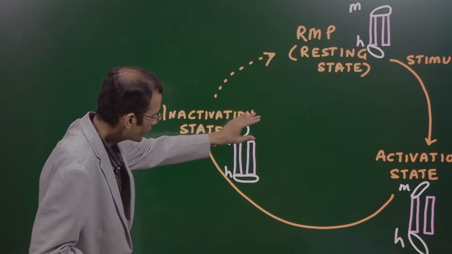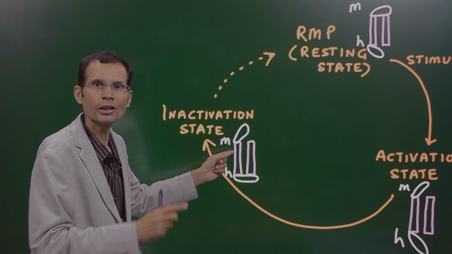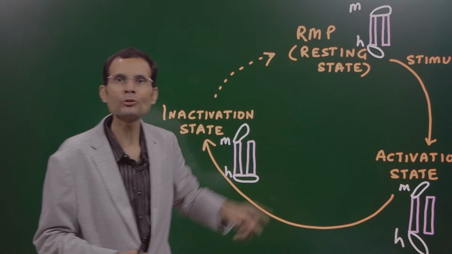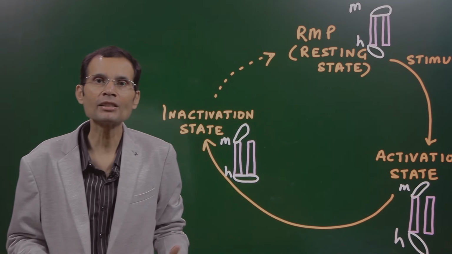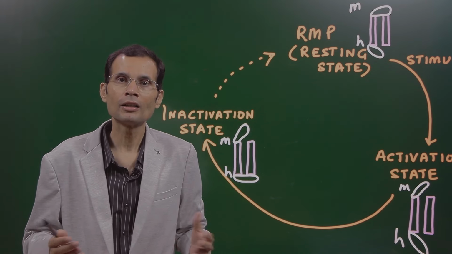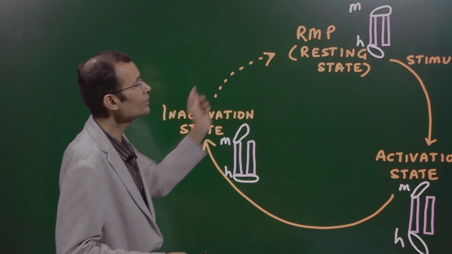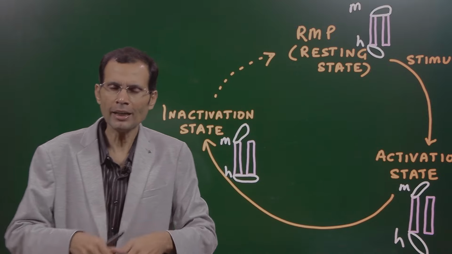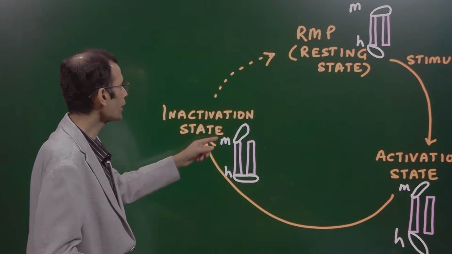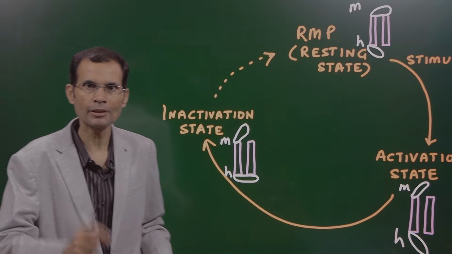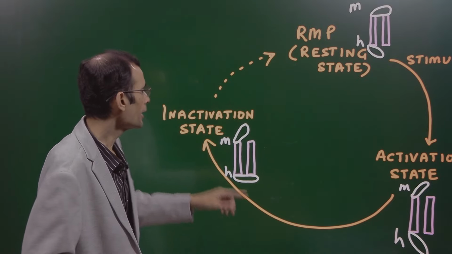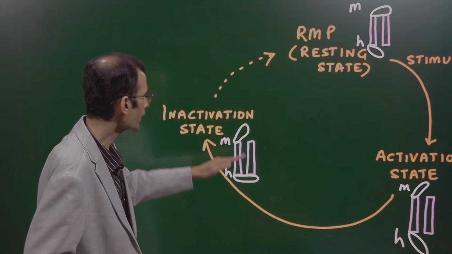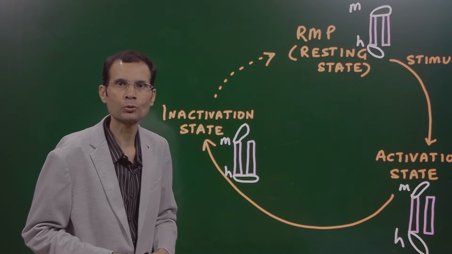Because the lignocaine is binding on the inner pore of the channel, the channel is unable to go back to its original resting state. That means the channel cannot be opened again, and the nerve cannot be excited again. So in summary, lignocaine binds preferably to the inactivation state and prolongs this inactivation state of the sodium channel, where M gate is open but H gate is closed.